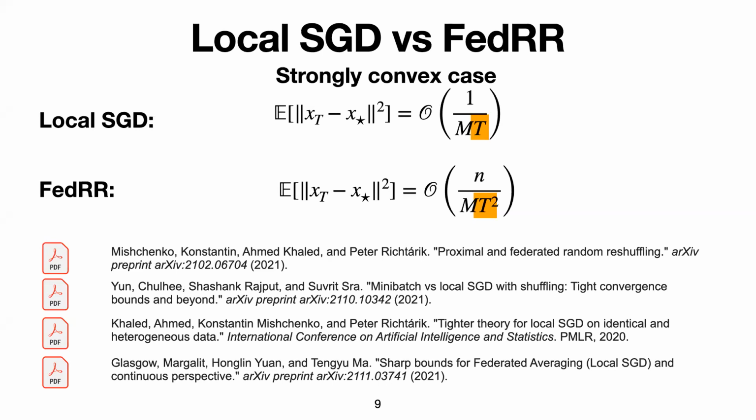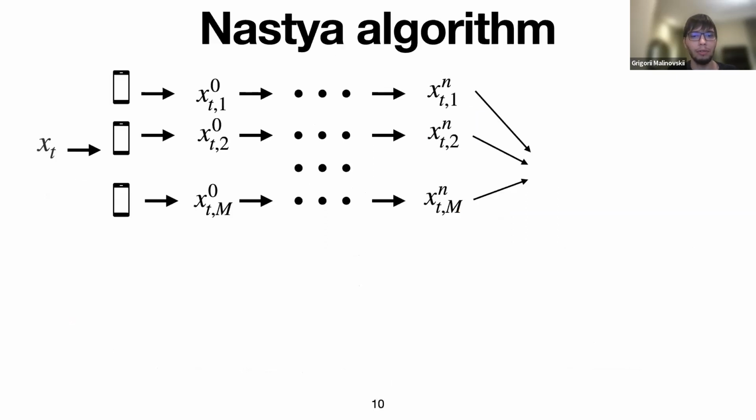Okay, so the question is, can we do something better than federated random reshuffling? Let us consider a new algorithm, which is called Nastya. The setting is the same.